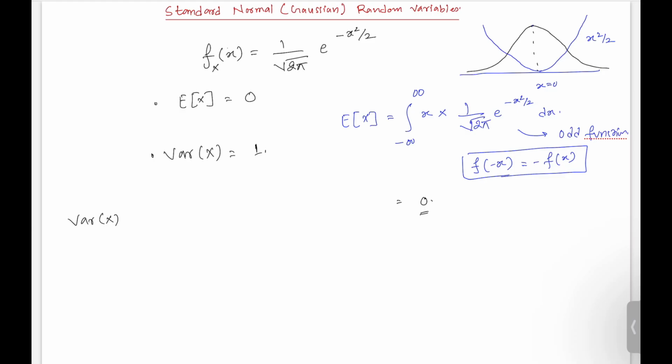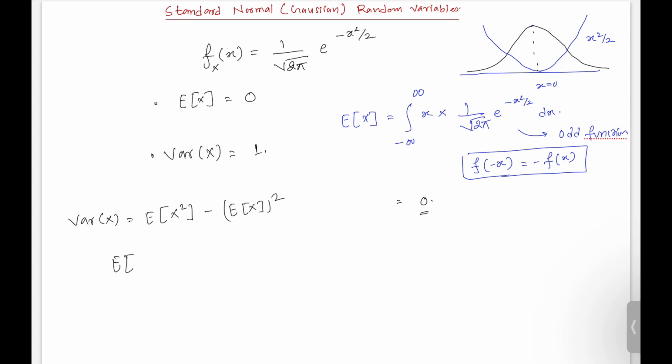We can use the standard formula of the variance: the expected value of x square minus the square of the expectation. We know this expectation is 0. We need to find the expected value of x square.